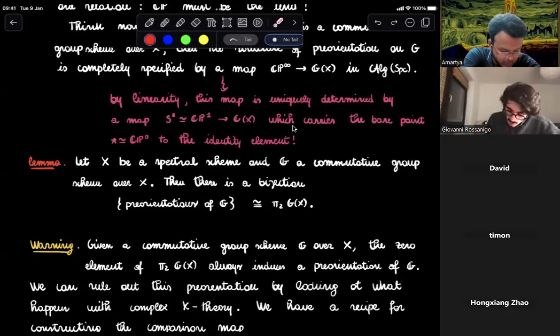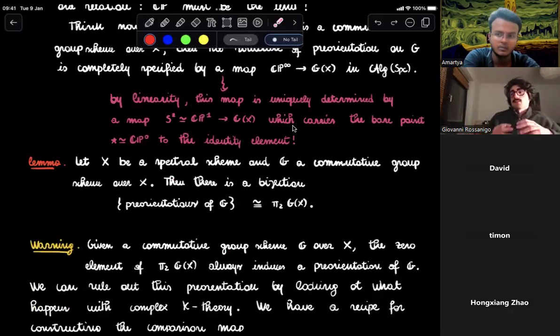For example, the zero element of pi2 G(X) always induces a pre-orientation of G, and we don't want this pre-orientation. In some sense the trivial orientation doesn't tell you anything about the geometry of the problem. So we would like to get rid of this pre-orientation; it has to disappear.